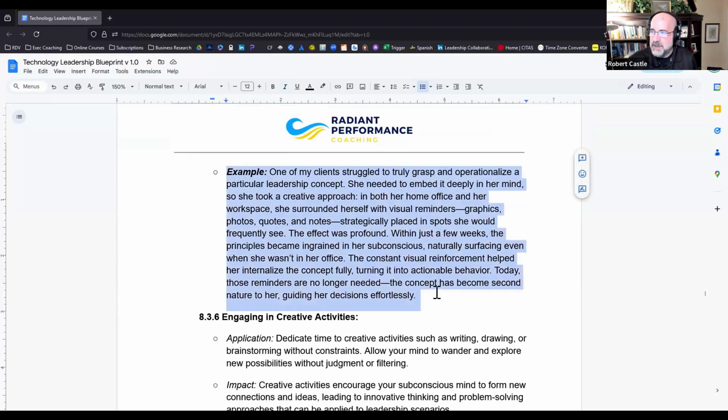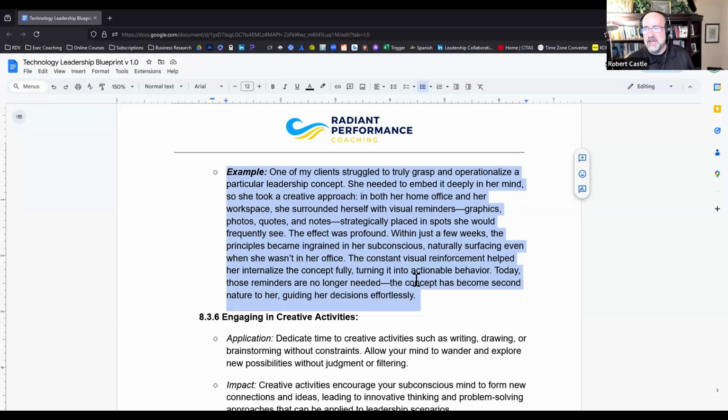So here's an example. One of my clients struggled to truly grasp and operationalize a particular leadership concept. She needed to embed it deeply in her mind, so she took a creative approach. In both her home office and her workspace, she surrounded herself with visual reminders, graphics, photos, quotes, and notes strategically placed in spots she would frequently see. The effect was profound.